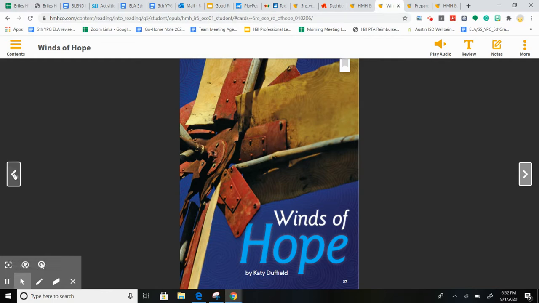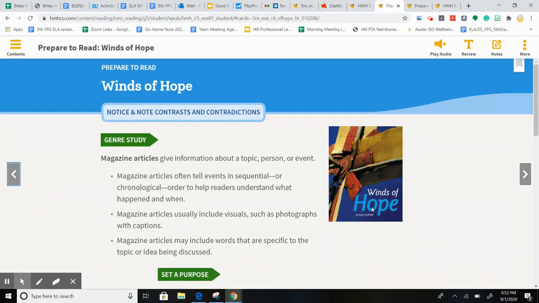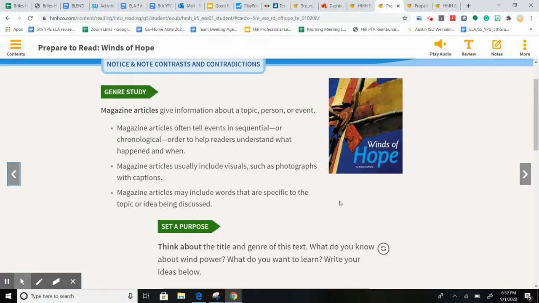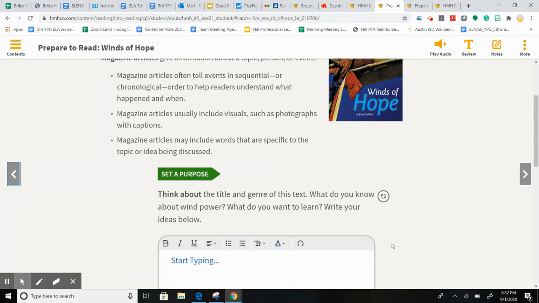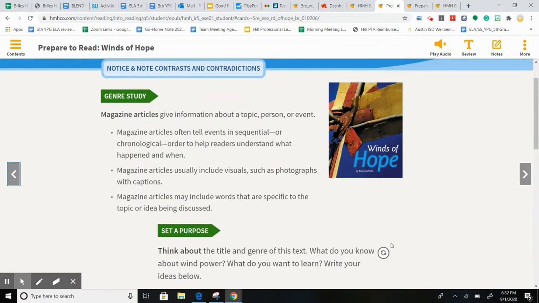All right, so I'm going to go back. Now that we've seen the cover and we've talked about maybe what the title might mean, we can set a purpose for our reading. Before you read anything, you always set a purpose. You may not think that you're doing it, but you should start practicing setting purposes by acknowledging what you're doing at the beginning of a book, so you can really hone in on some things that would be a good idea right before you crack it open.